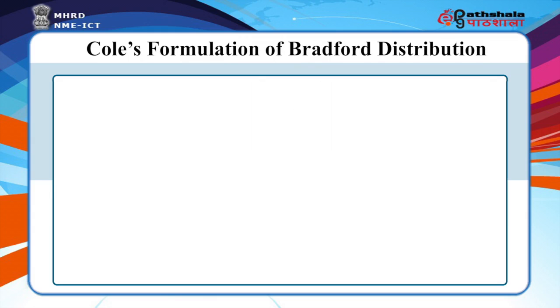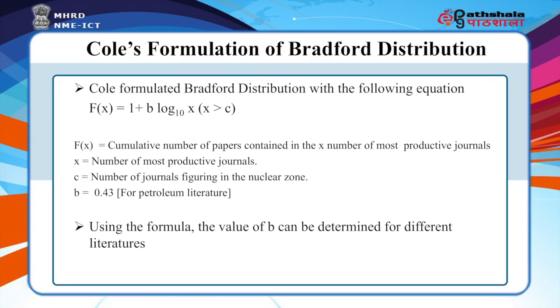Cole's formulation. Cole experimented with Bradford law and named the slope of the curve as the reference scattering coefficient and concluded that the coefficient might be the characteristic of the subject field. For petroleum literature, Cole obtained the following relationship.